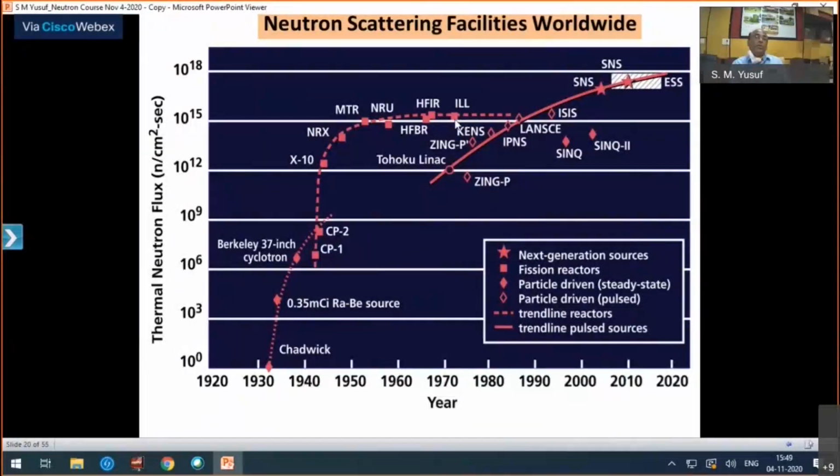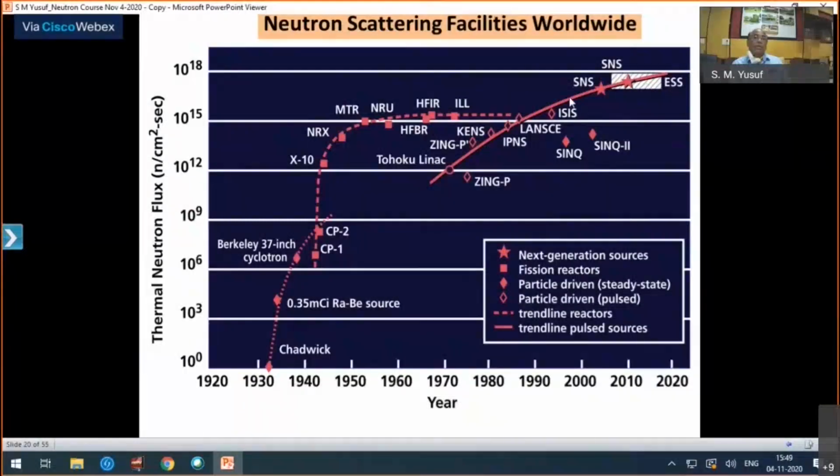And at present, you know, the ILL, Institut Laue-Langevin at Grenoble, France, is a very powerful steady-state research reactor, and we all keep going there for experiments. But of course, neutrons can also be produced from spallation neutron sources. There are many such.